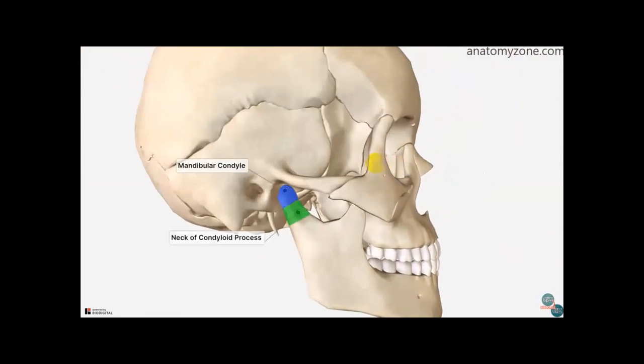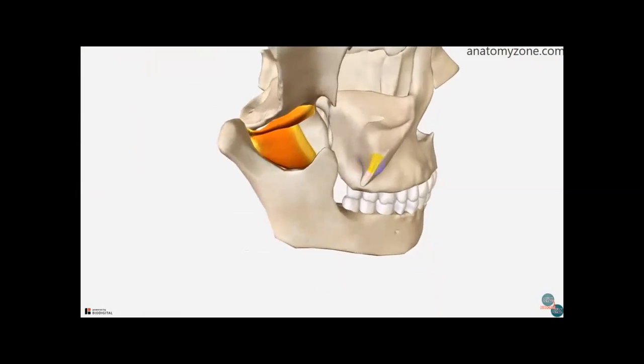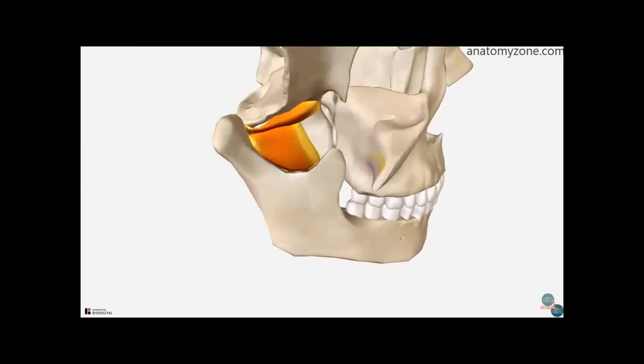The mandibular condyle articulates with the temporal bone at the temporomandibular joint. Separating these two processes is the mandibular notch, the concave semilunar depression, which is traversed by the masseteric vessels and nerve. The lateral pterygoid muscle attaches to the neck of the condyloid process.